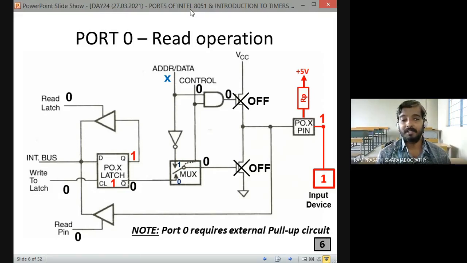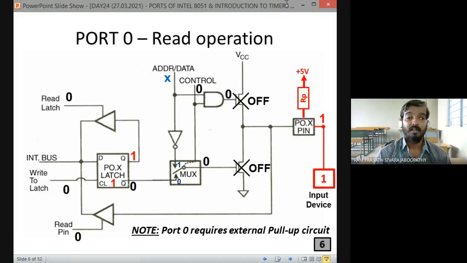Port is a single bit, so it has to be copied to the carry bit. So logic at the port pin goes to carry. Destination is the carry flag bit, source is the port pin. MOV C, P0.x. Very good. Generally we are speaking, so we can have 0.x.